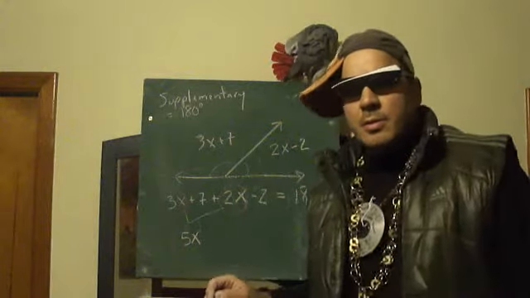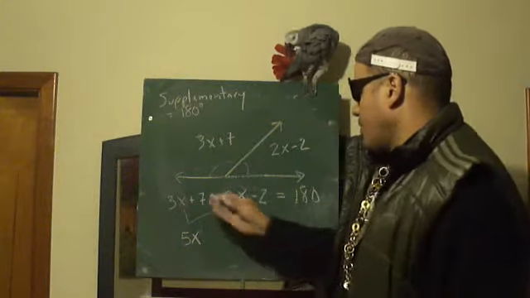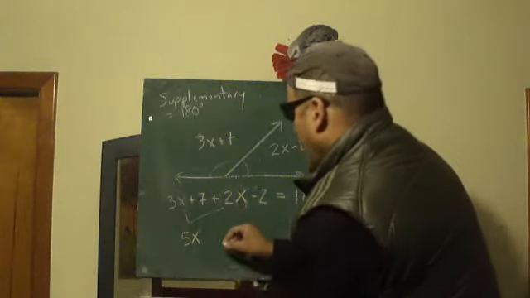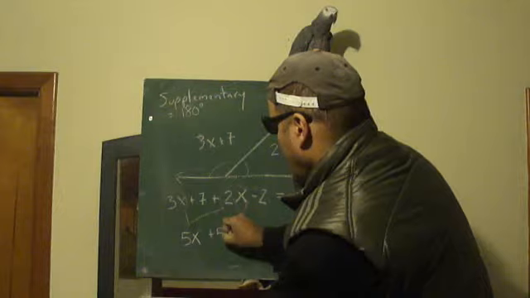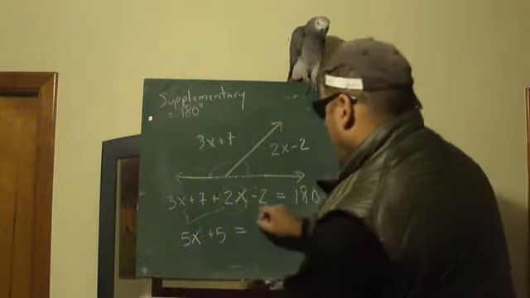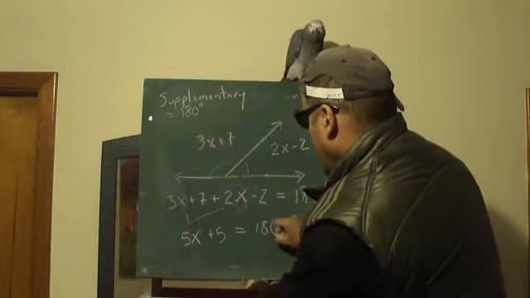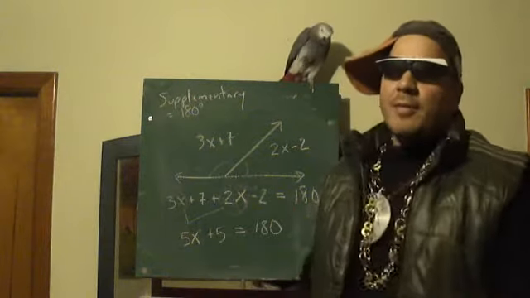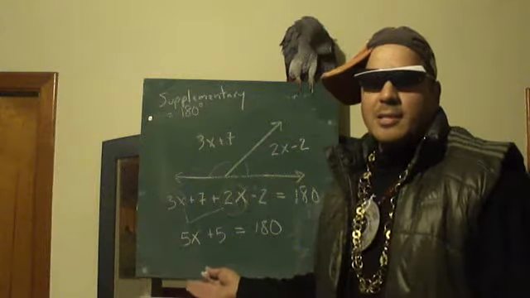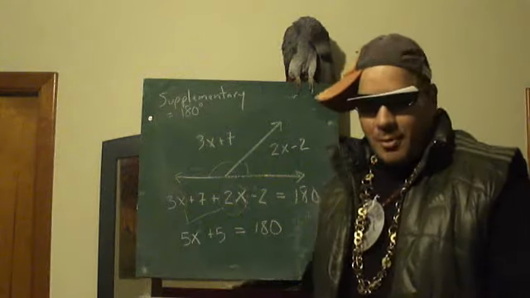Now we have 7 and we have minus 2 over here. Can we combine those two? Yeah, they're just numbers. 7 minus 2 is what? It's 5. So we're left with 5x plus 5 equals, what's left? 180. Nice. Guys, if you got that far, you've been through the hardest part. Because now we're back to a simple multi-step equation like we did before.